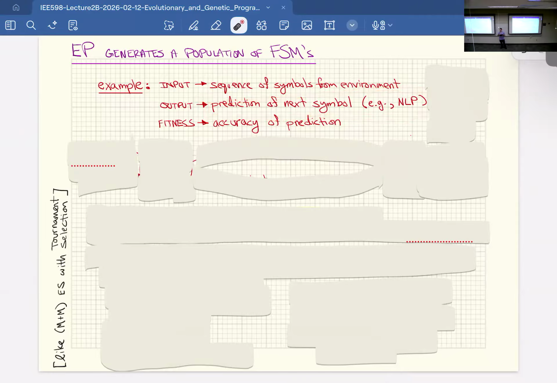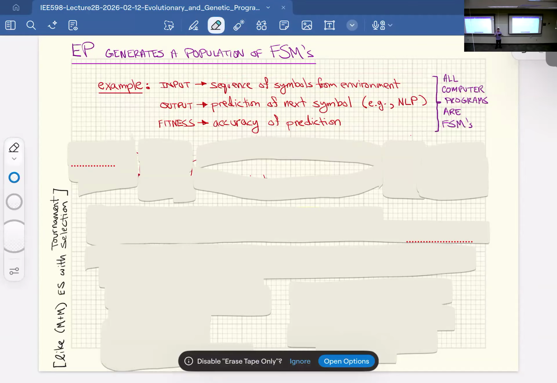So we've got a sentence: the quick brown fox jumped over the lazy, and then what's the symbol that comes next? We've got sequences from the input, predictions of next symbols on the output, and then it will make a prediction and calculate a loss. So it calculates an accuracy of that prediction. If I give it 100 test samples, how often does it predict the next word correctly?